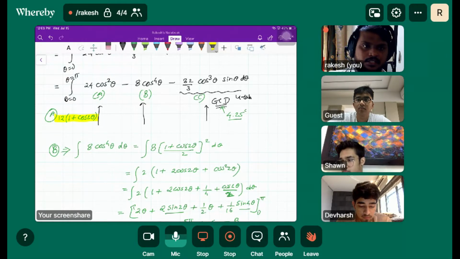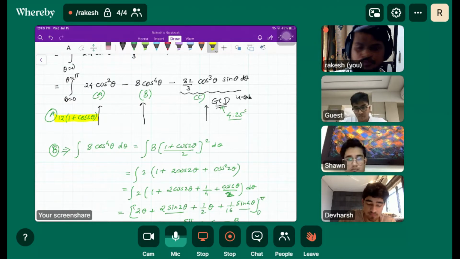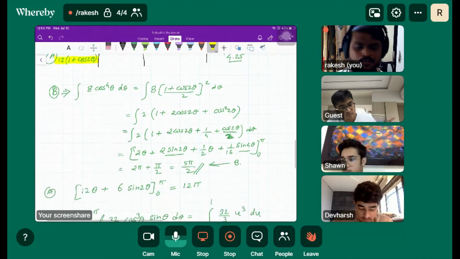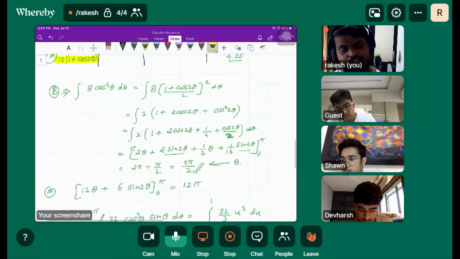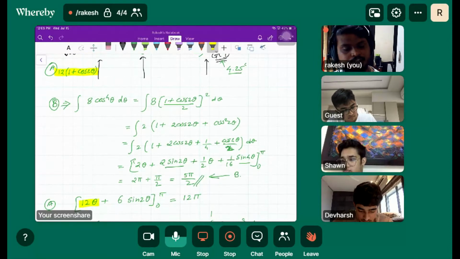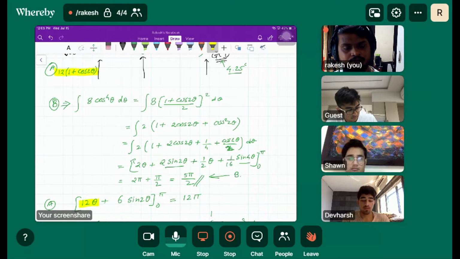So 24 by 2 will be 12, so 12 into 1 plus cos 2 theta. What is the integration of 12? That is 12 theta, plus 12 cos 2 theta. The integration of cos 2 theta is sine 2 theta upon 2, isn't it?